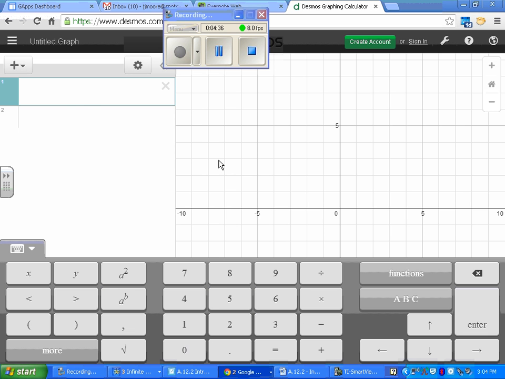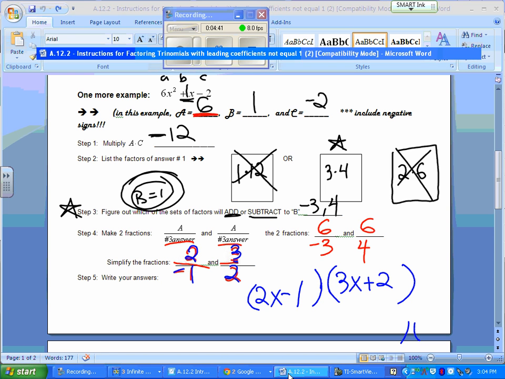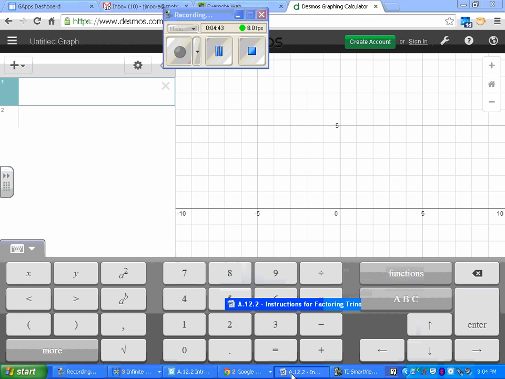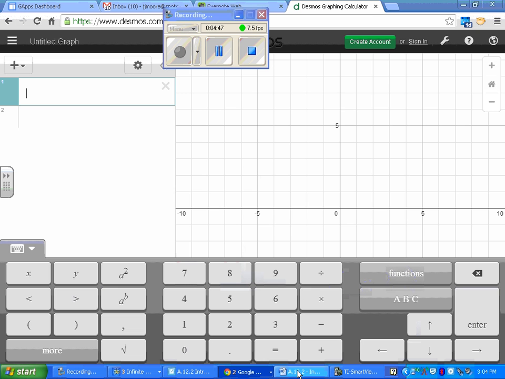Now, what was the answer? The first problem was 6x squared plus 1x minus 2.